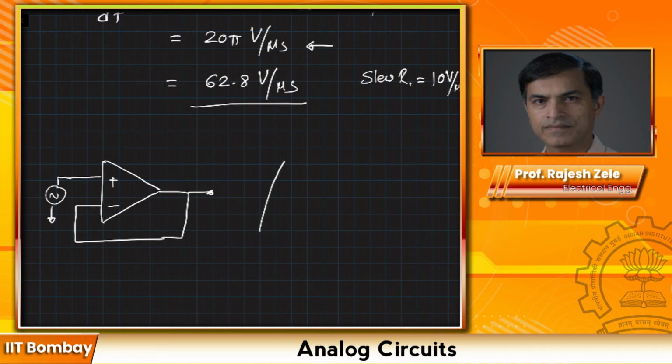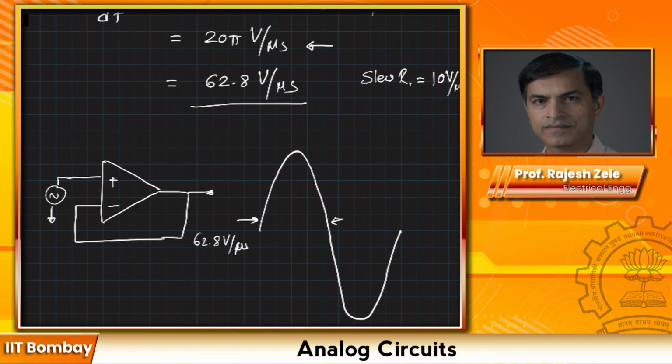Unfortunately, our op-amp is slewing, so it cannot give you that kind of rate of change. The op-amp output is going to look like this because it can only do 10 volts per microsecond. So it will go something like this maybe, and it would start slewing back, and it will not even look like a sine wave.